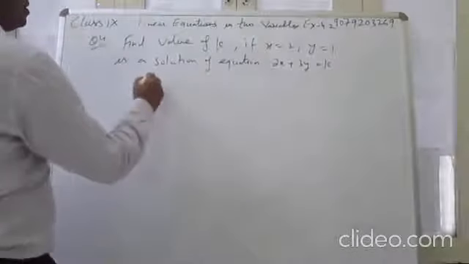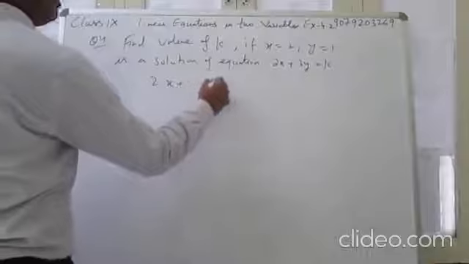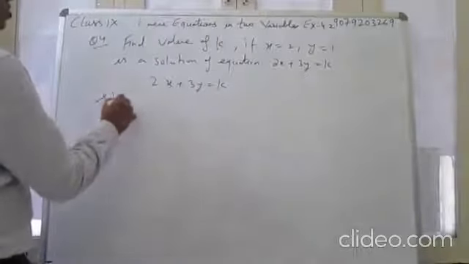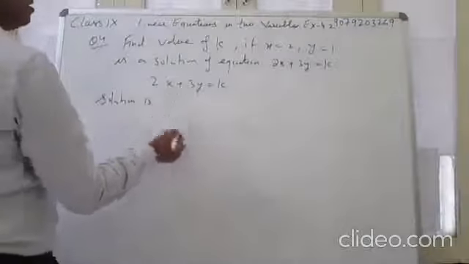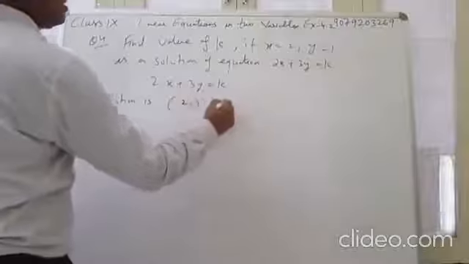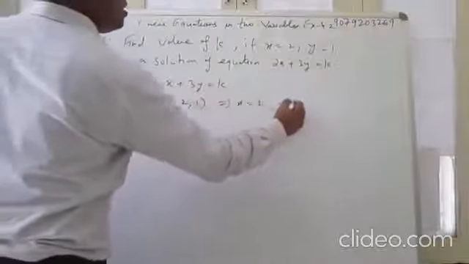See here, this is the equation 2x plus 3y is equal to k. Its solution is given to you. The solution is 2, 1. Means x is equal to 2, y is equal to 1.